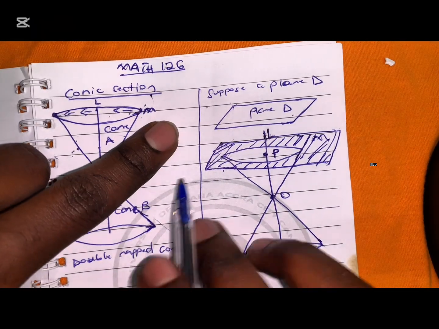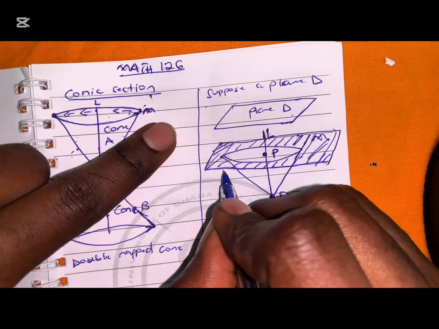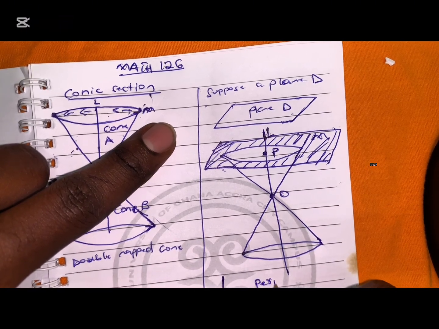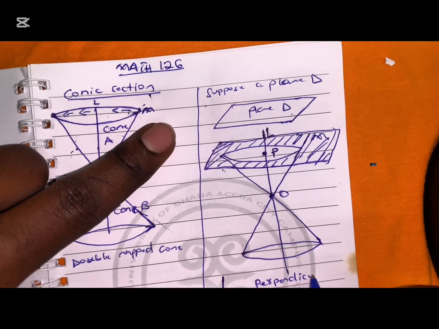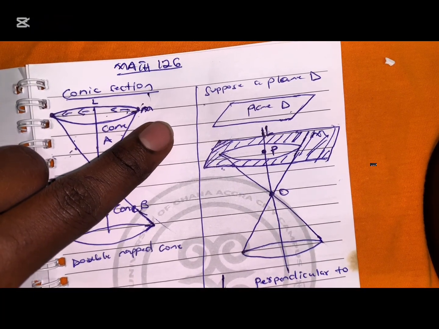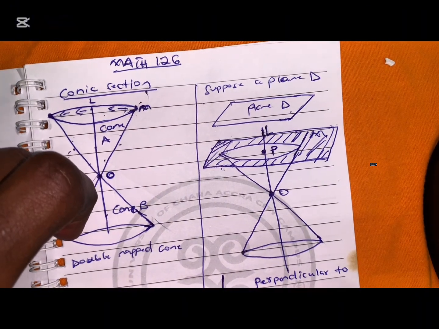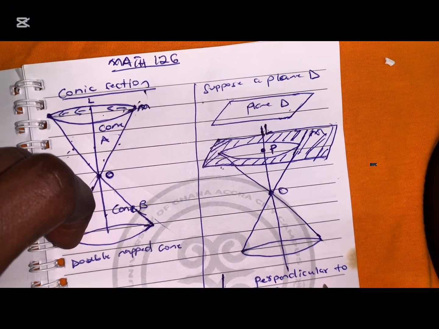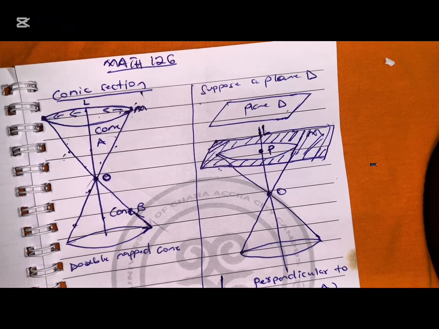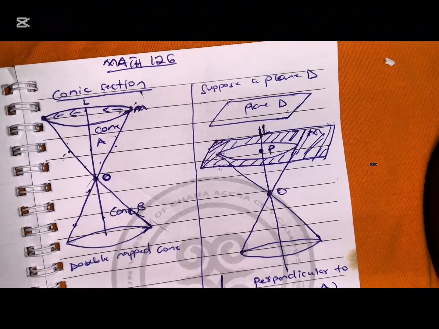So now it cuts it such that this plane is perpendicular to the cone, and in this case, what cone is it? Cone A. Good. When such a thing happens, it forms a conic section called the circle.